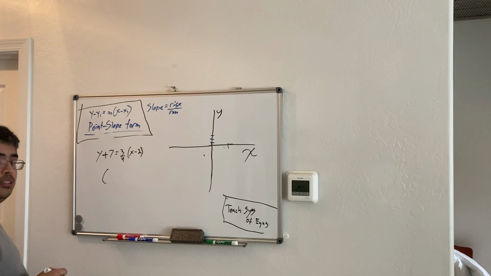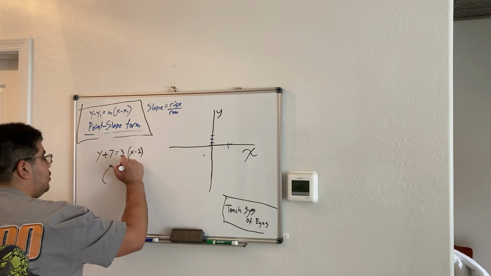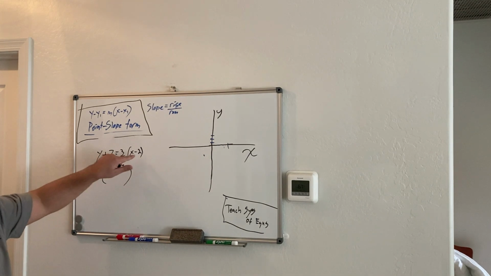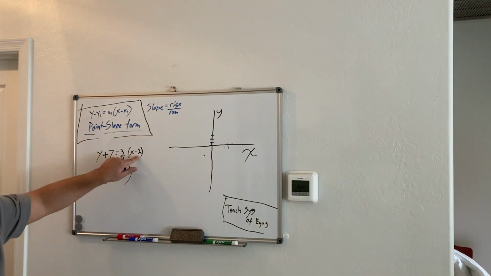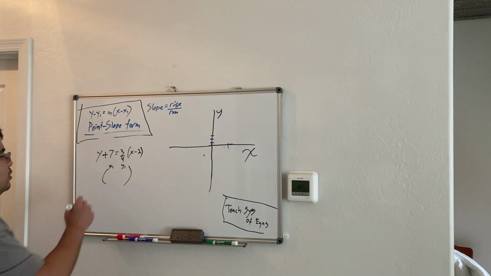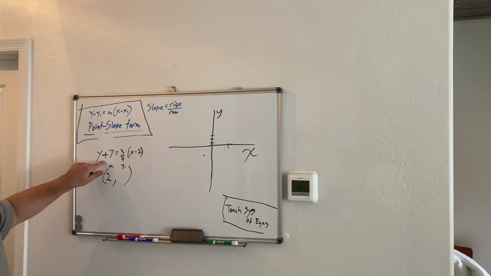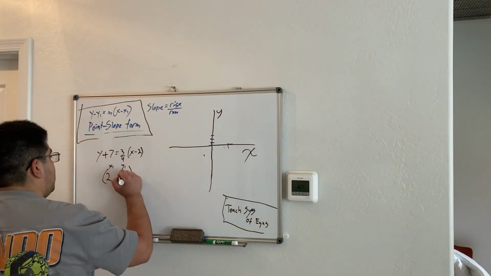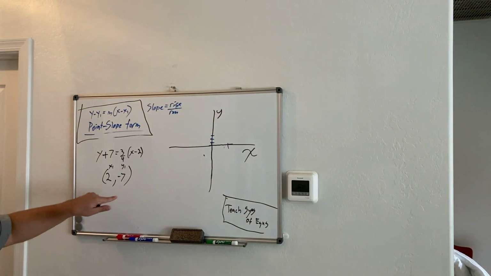This is going to be x1 and y1. x1 is right here. And the opposite sign of the -2 is +2. The opposite of +7 is -7. So this is the coordinate of the point that the line goes through.